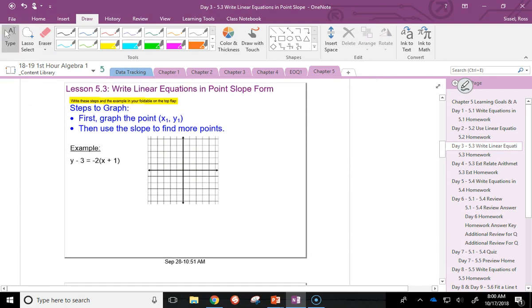So on 5.3, it's saying steps to graph. If you flip up in your little foldable that we gave you, this is why we keep this, so we can study for this test. We already did slope-intercept form. That's the one we're most comfortable with. But if you now flip it open to the one that says point-slope form, steps to graph, you should be writing these down.